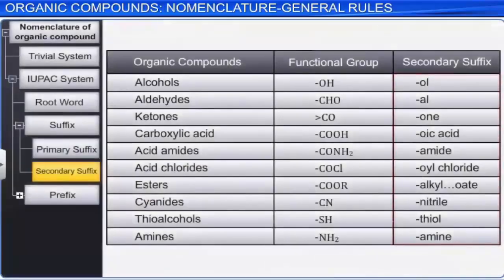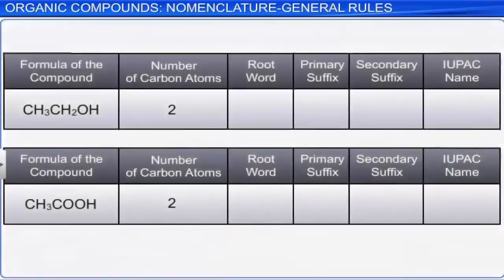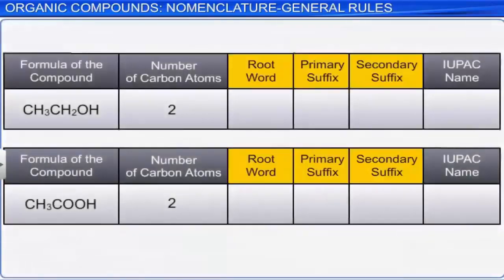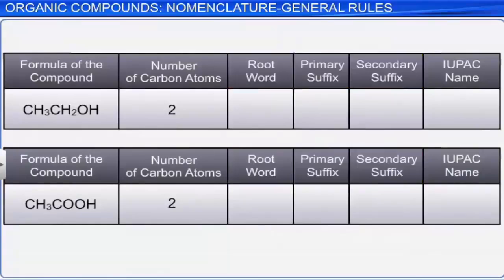A secondary suffix indicates the nature of the functional group present in a compound. Thus, the 3 components can be combined to form the compound name. For example, the root word eth, primary suffix ane, and secondary suffix ol together form the IUPAC name ethanol.